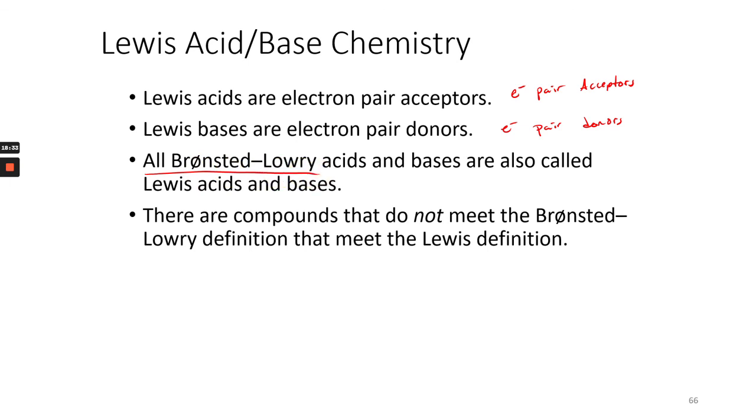All Bronsted-Lowry acids and bases are also Lewis acids and bases. There are compounds that do not meet the Bronsted-Lowry definition that do meet the Lewis. So not all Lewis acids and bases are Bronsted-Lowry acids and bases.